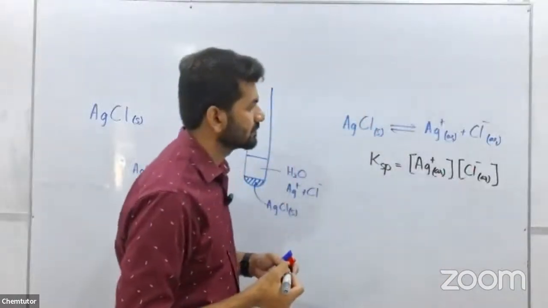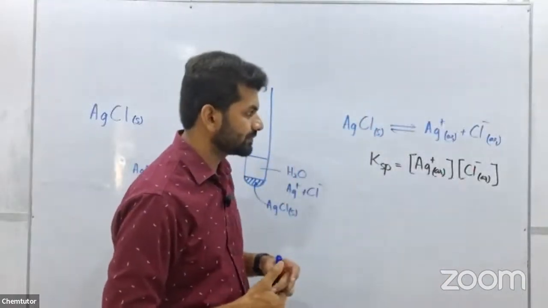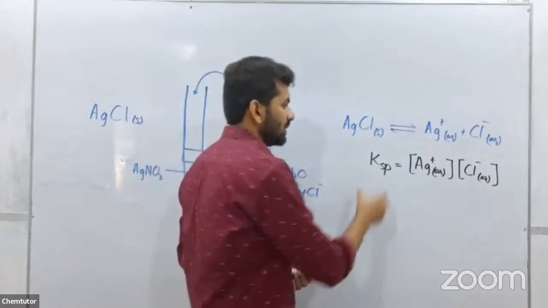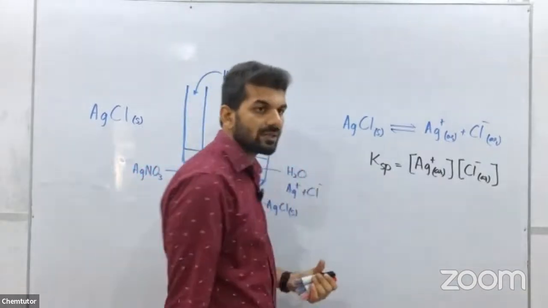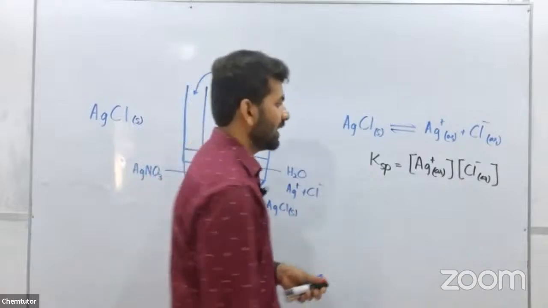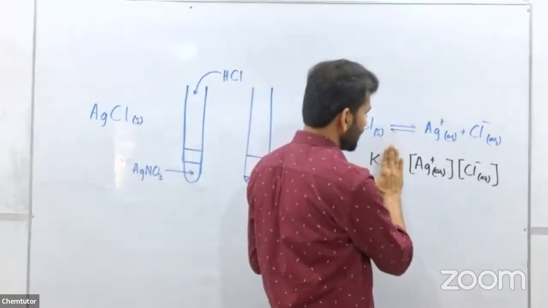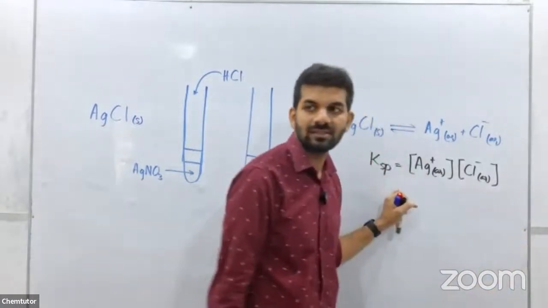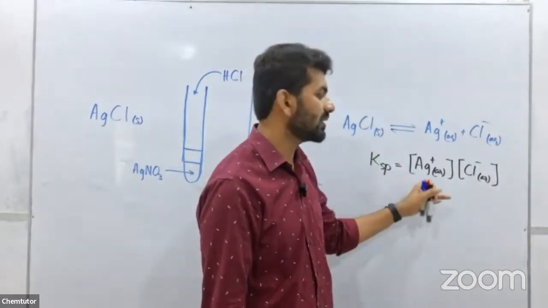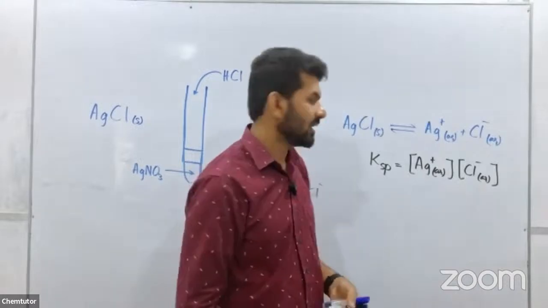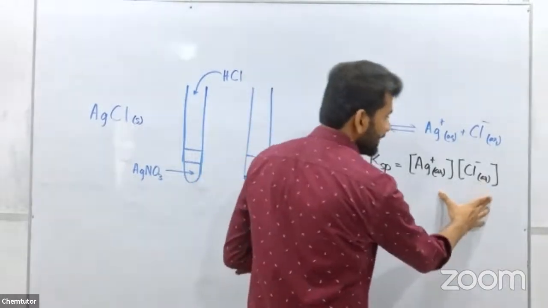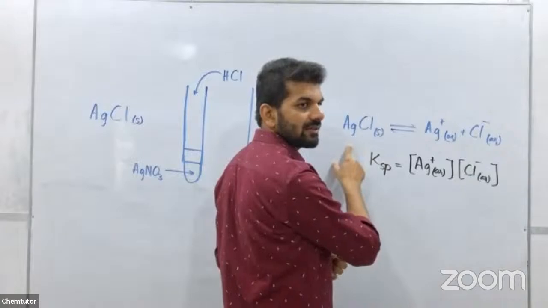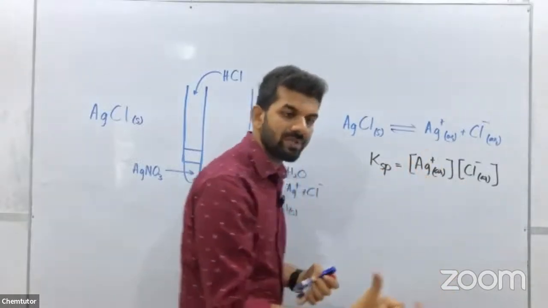Right. Now that KSP value is a constant value, right? And if we do not equalize into KSP value, this Ag+ into Cl- concentrations is called the ionic product of this solution, right? If that ionic product value is lesser than the KSP value of silver chloride, then it is not going to be precipitated.